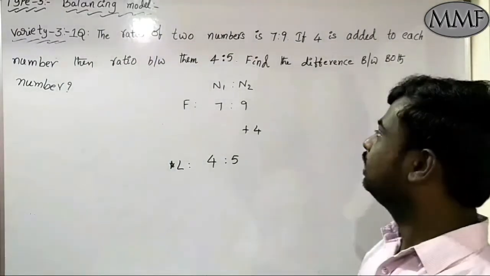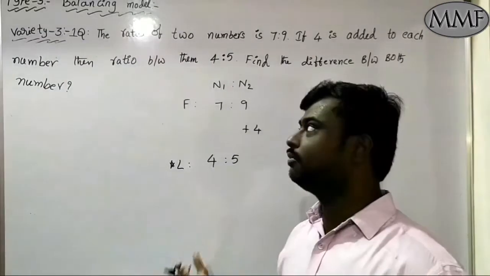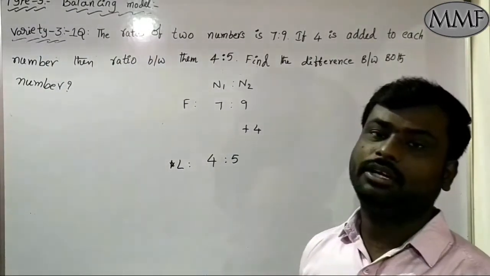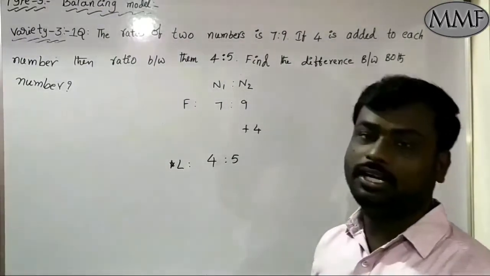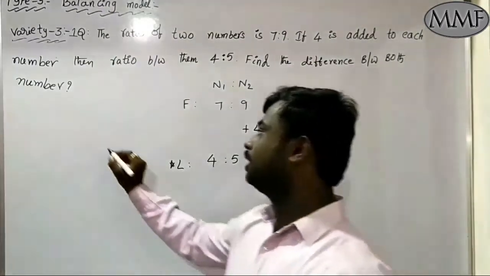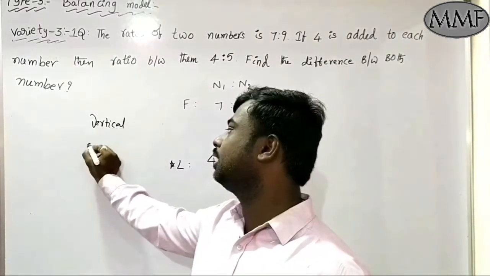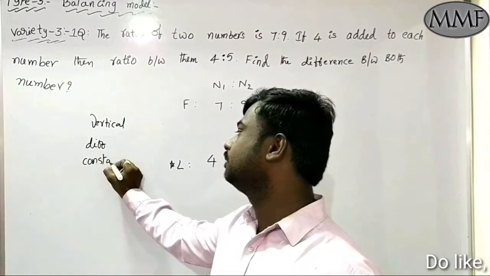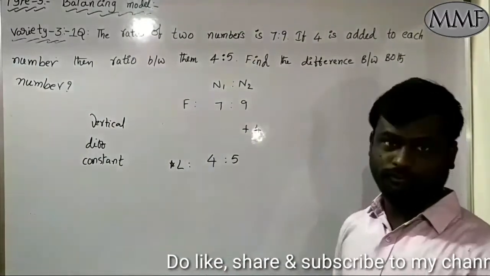Now I need to find the difference between the numbers. This type of question is based on balancing. How will we balance? First, the vertical difference must be constant. You can remember: vertical difference constant. Why? Vertically both the numbers are added by 4.